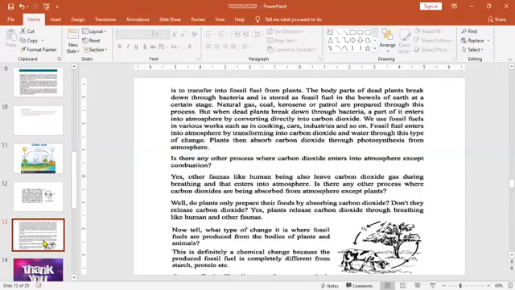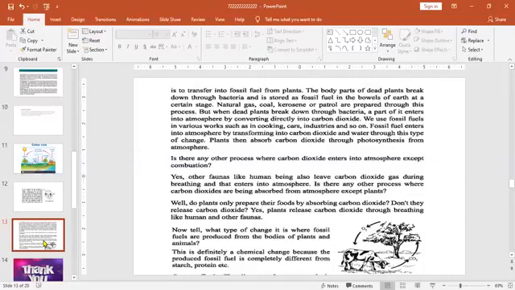Do plants only prepare their food by absorbing carbon dioxide? Don't they release carbon dioxide? Yes, plants release carbon dioxide through breathing, like humans and other fauna. So, except combustion, carbon dioxide mixes with the air in different ways.